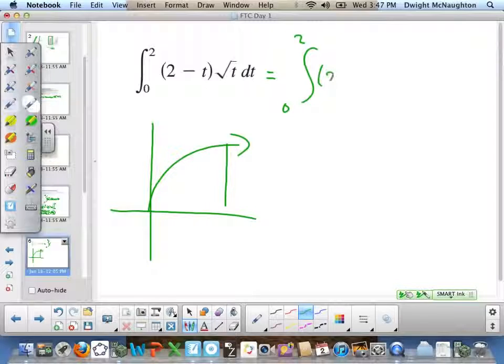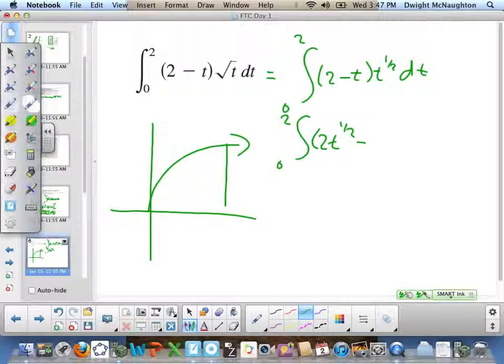We'll rewrite this as t to the 1/2. We'll distribute. We get 2t to the 1/2 minus t to the first times t to the 1/2 is t to the 3/2 with respect to t.